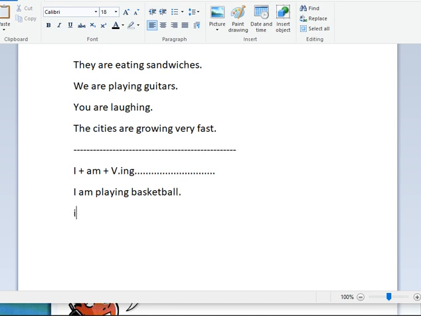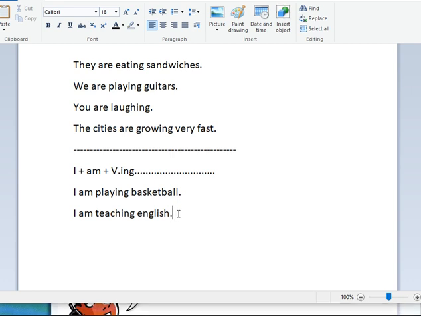For example, I'm teaching English. You can write some other examples like this one.